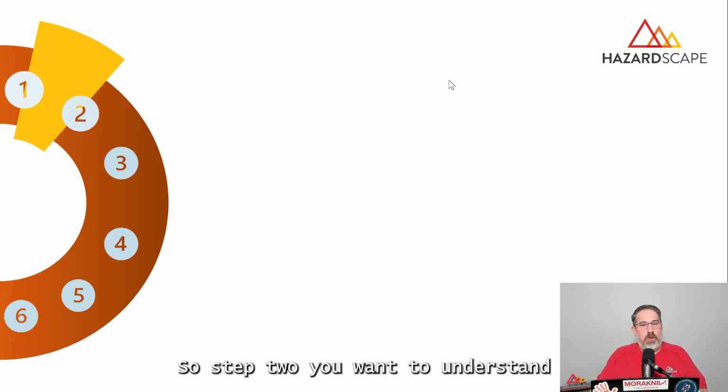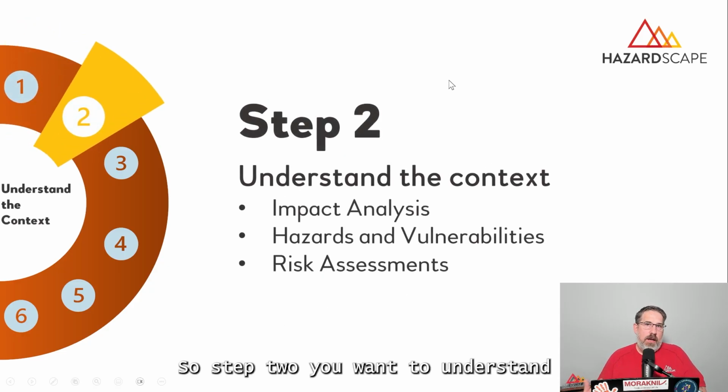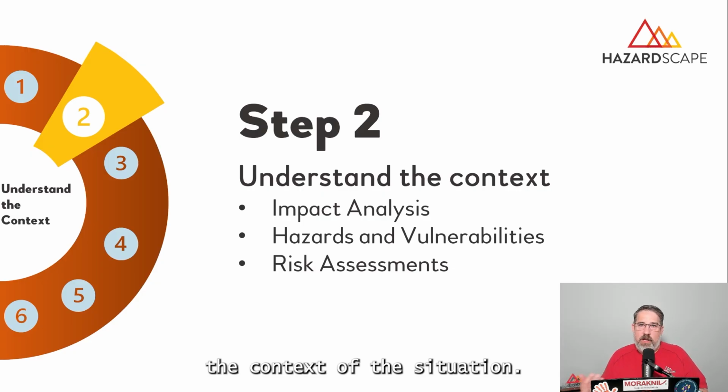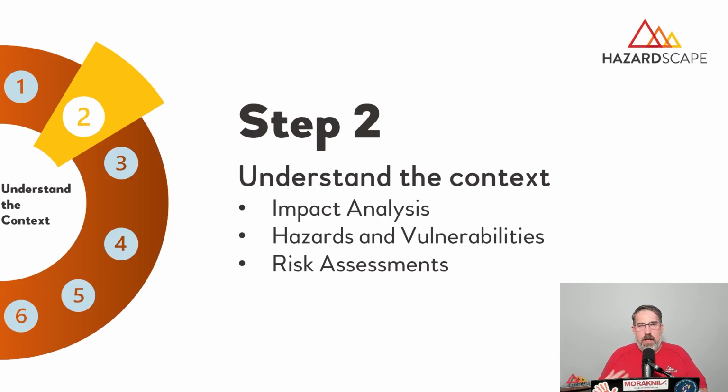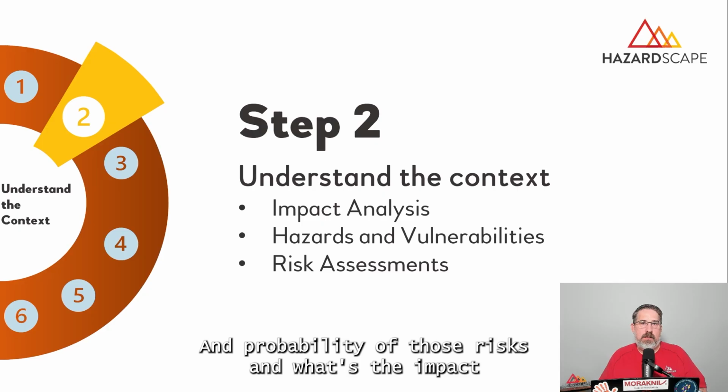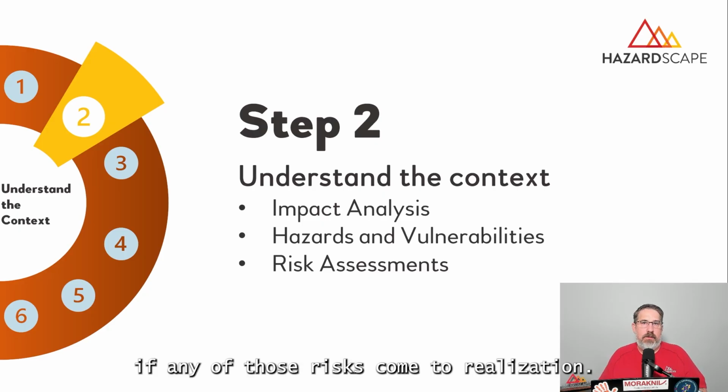Okay, so step 2. You want to understand the context of the situation. This is maybe where you've heard of situational awareness. It's the context of your community. It's what are the hazards? What are the risks? What's the likelihood and probability of those risks? And what's the impact if any of those risks come to realization?